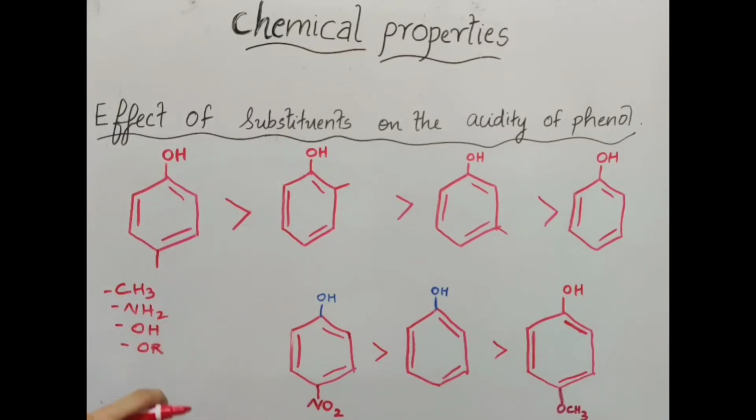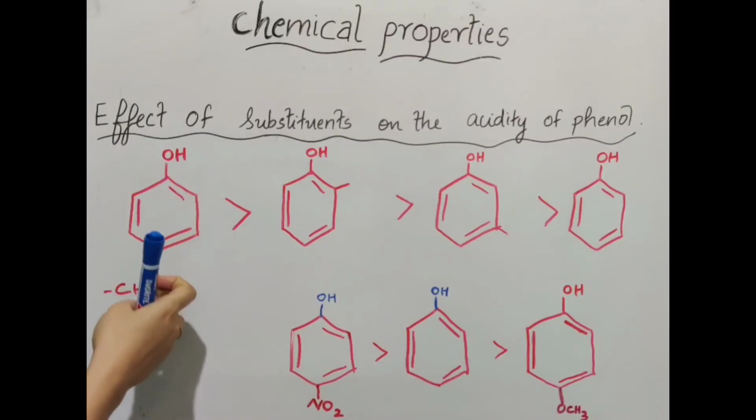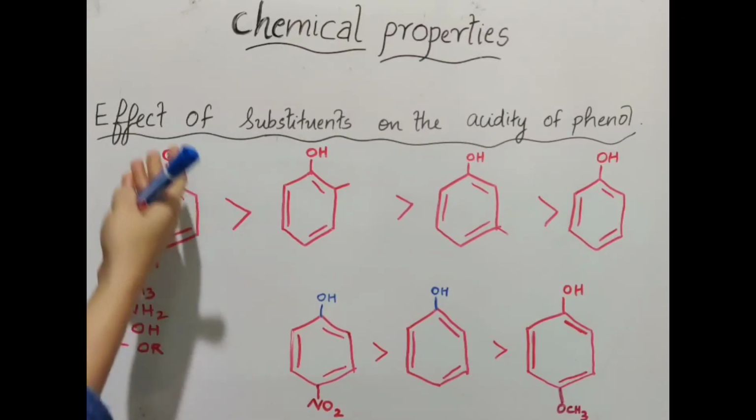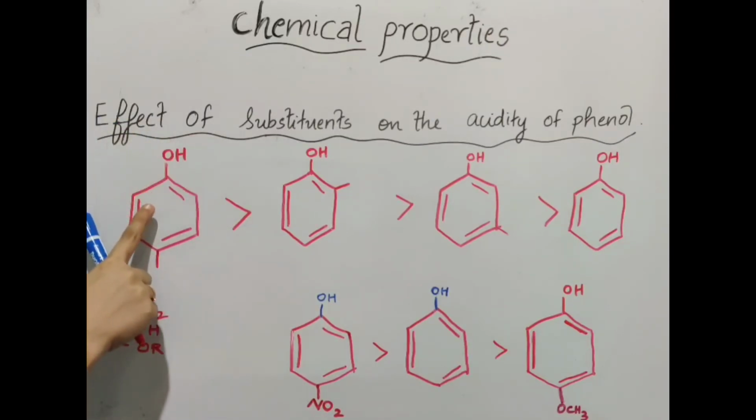Let us discuss. When these groups are present at the ortho or para position with respect to the OH group, they tend to destabilize the phenoxide ion.